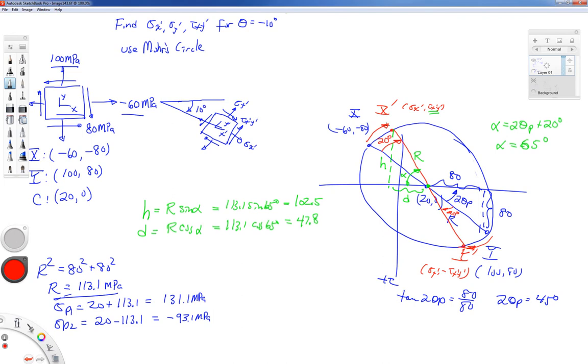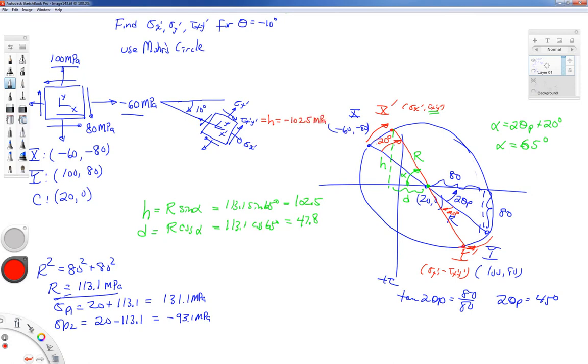I keep the same sign of the shearing stress as I started with. So this shearing stress, tau x prime y prime, would be equal to the height, 102.5 megapascals, but it's negative. Let me make a little bit of room for the negative sign. Negative 102.5.